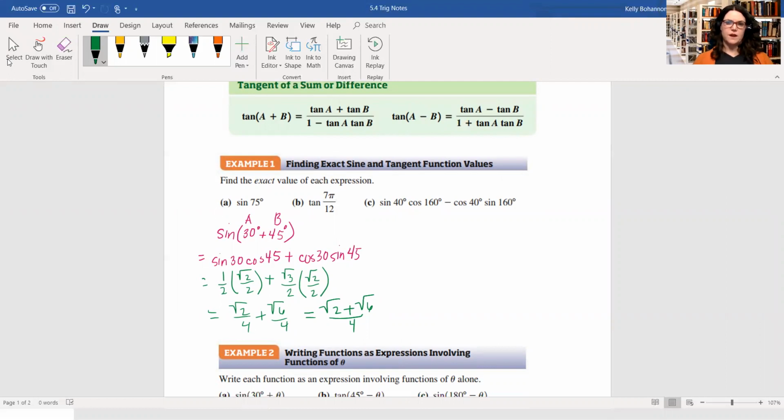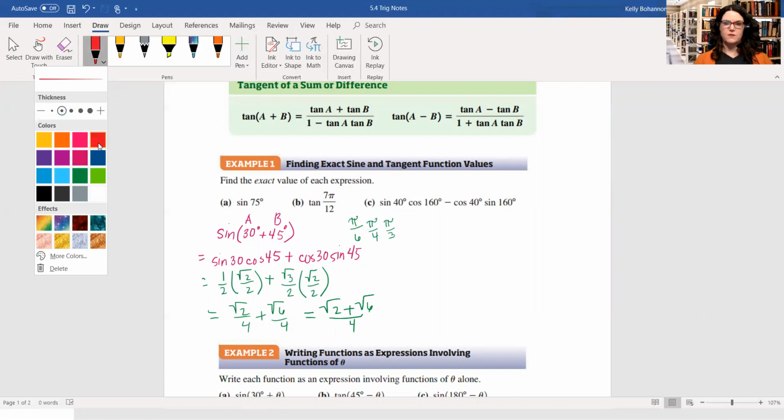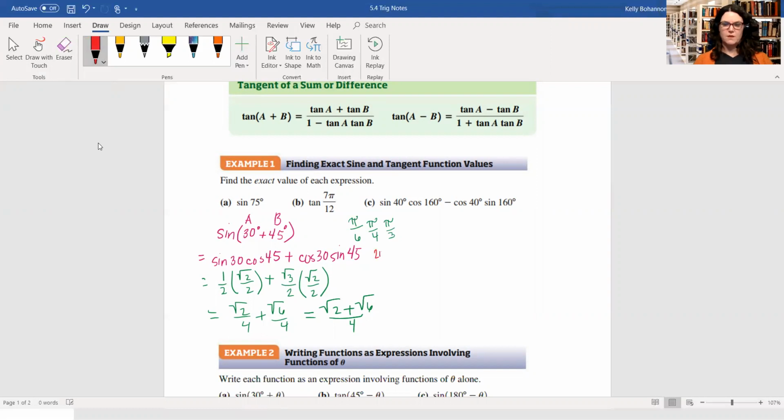So let's see, I know pi over 6, pi over 4, and pi over 3. If I write all of those with a 12 on the bottom, and I know we did this the other day, but just as a reminder, that would make this 2 pi over 12, this one 3 pi over 12, and this one 4 pi over 12.